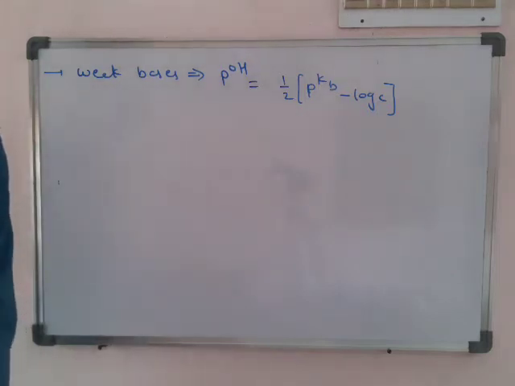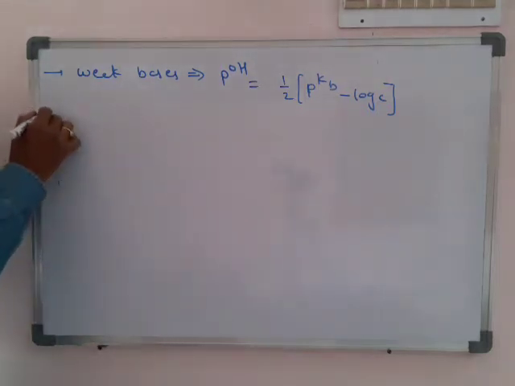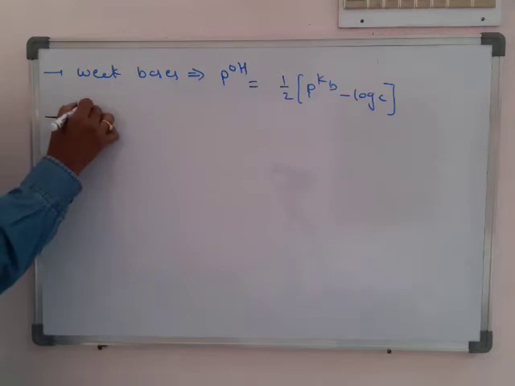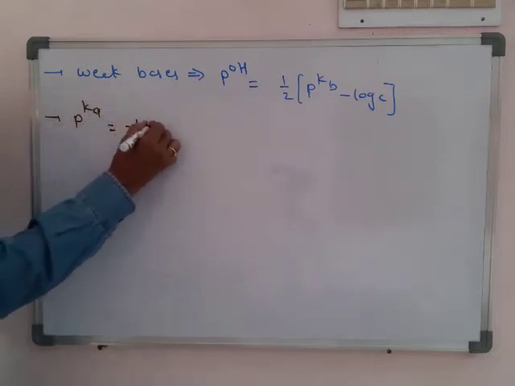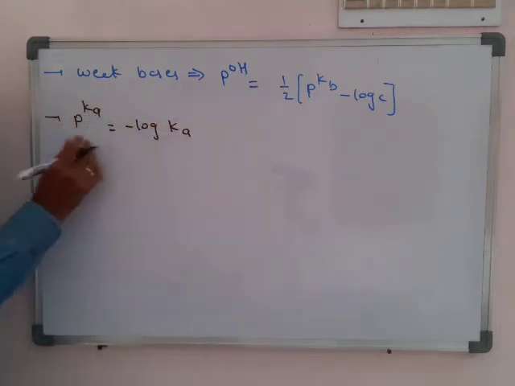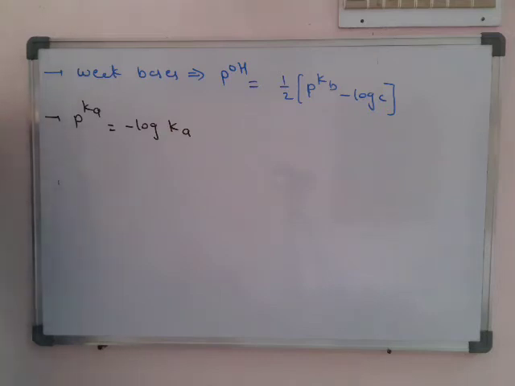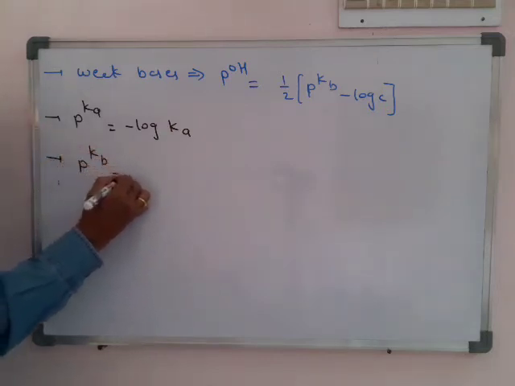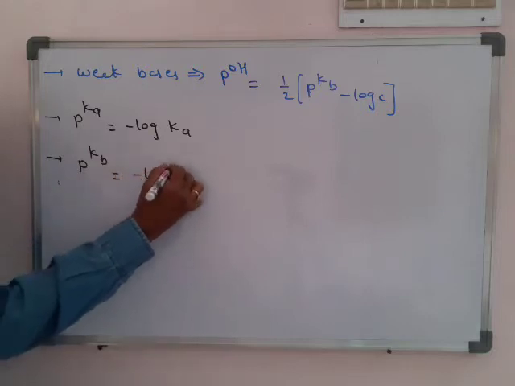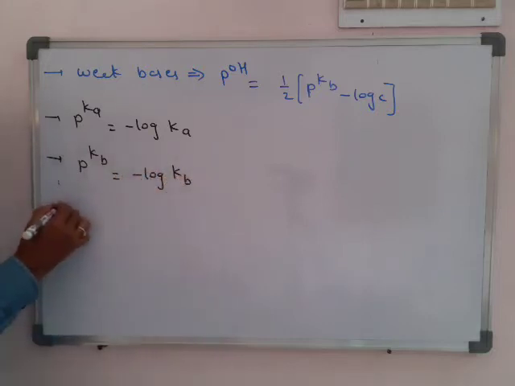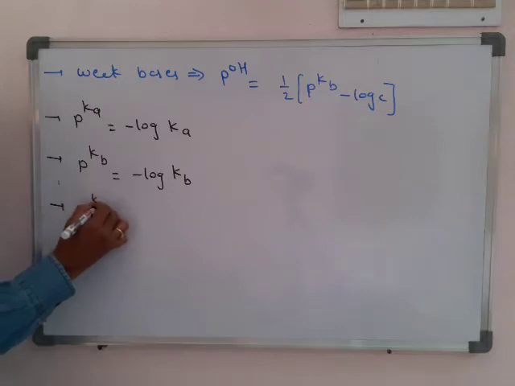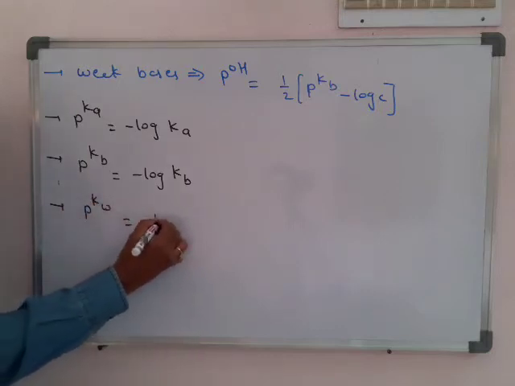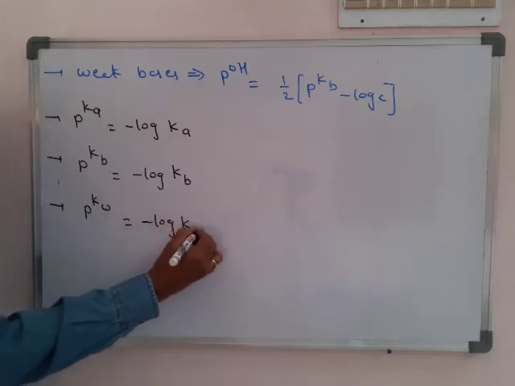Okay, next we also have other formulas, that is pKa is equal to minus log Ka. Means this p is also applied to the acid dissociation constant and base dissociation constant. pKb is equal to minus log Kb. There is also p power ionic product of water, so there is also minus log Kw.